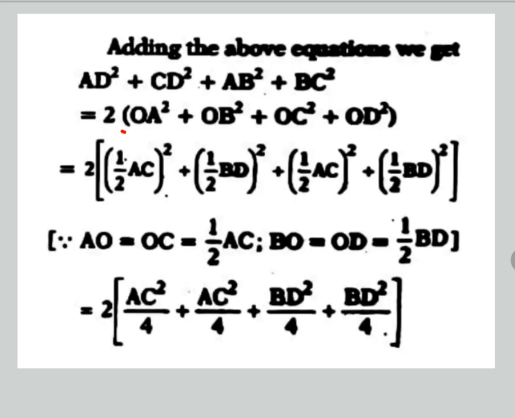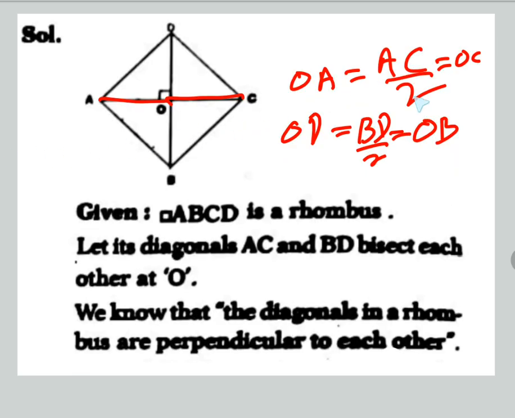From this, OA is AC by 2, OB is BD by 2, OC is AC by 2, and OD is BD by 2. Half of AC is OA, half of BD is OB, half of AC is OC, and half of BD is OD. OA is equal to OC equal to 1 by 2 AC, and BO is equal to OD equal to 1 by 2 BD.